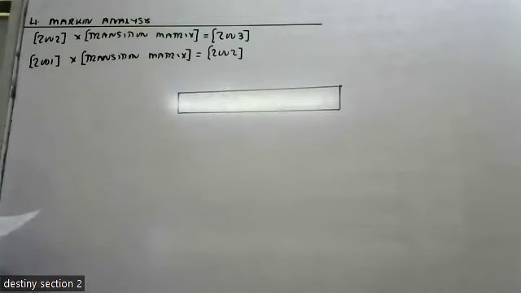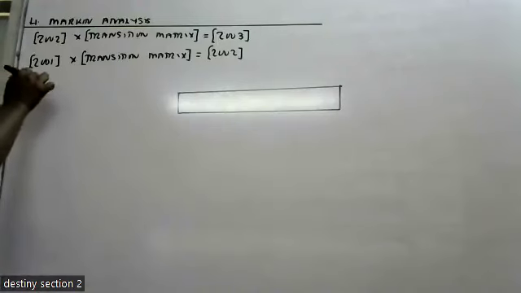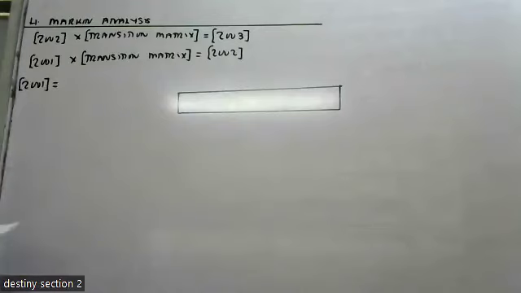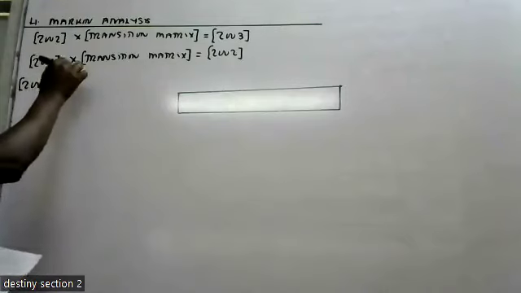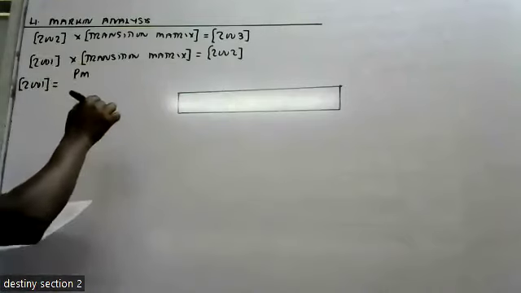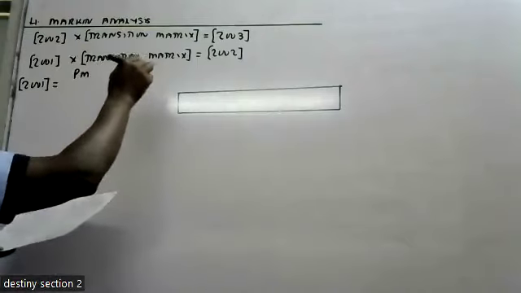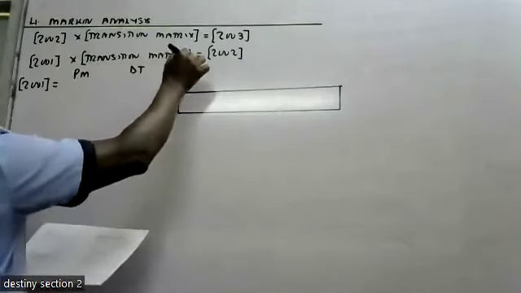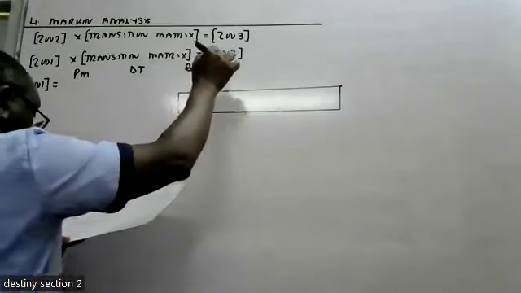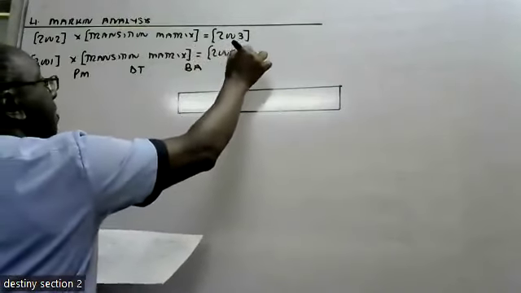Now, in that case, let's look at 2001. 2001 is, you can see the market share for PM. We have an audit firm called PM. We have another one called BT. We have another one called BA. We have another one called EA.